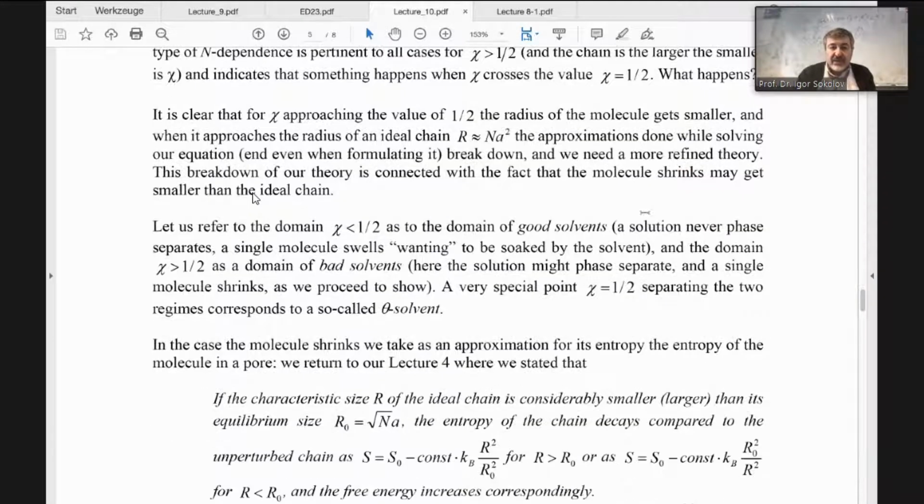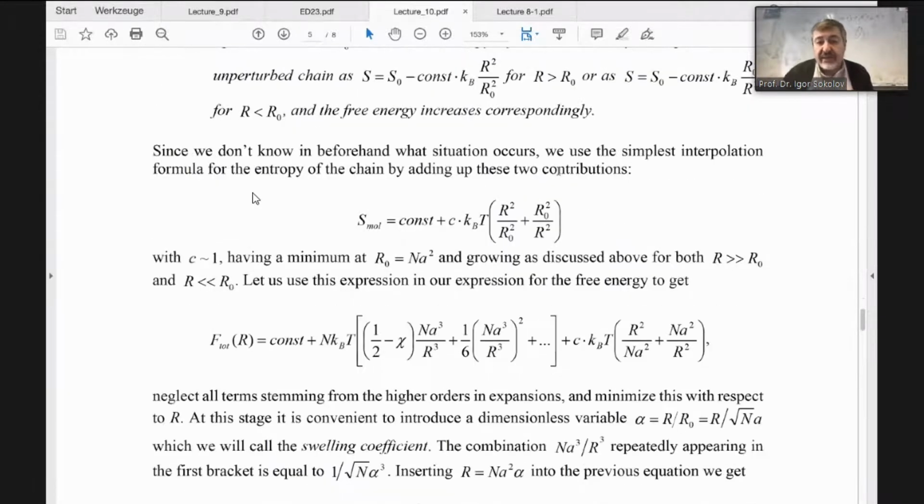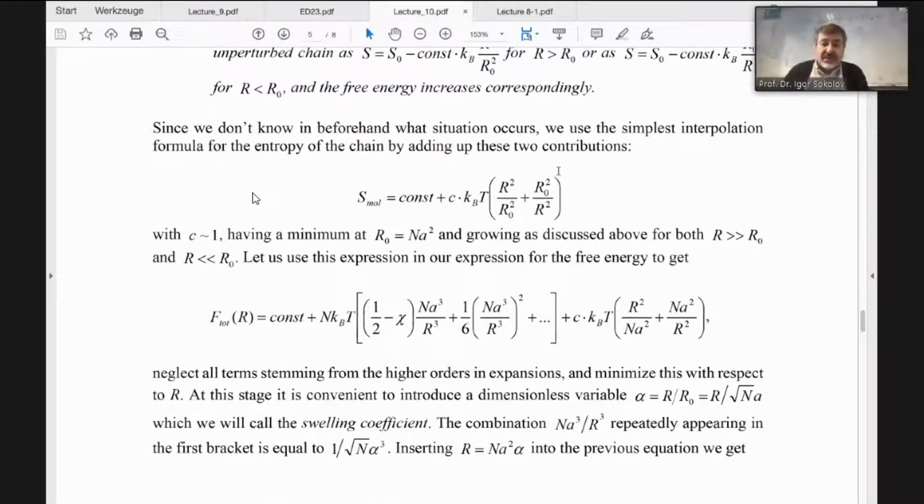So what I do here, I interpolate between the two situations. I take a function which safely reproduces the existence of the excess entropy when the chain gets larger than a simple chain, and also when the chain is smaller than a simple chain.